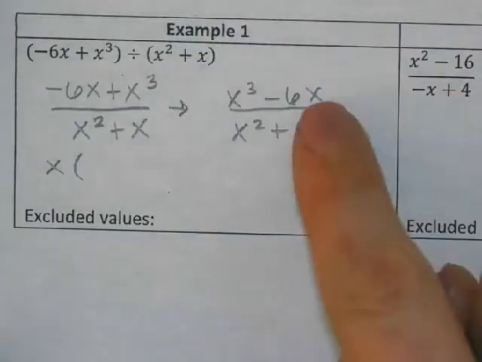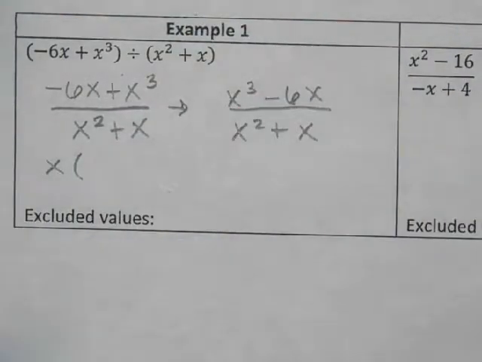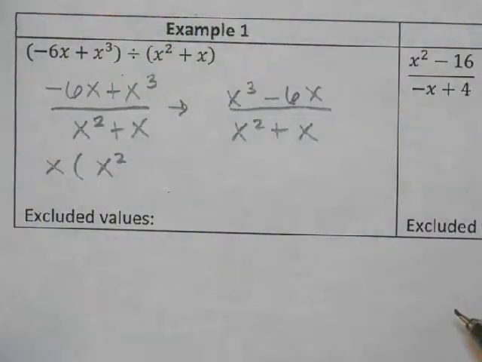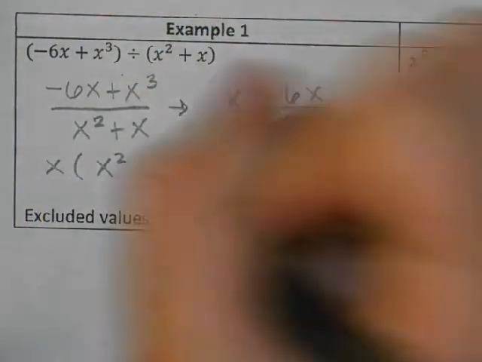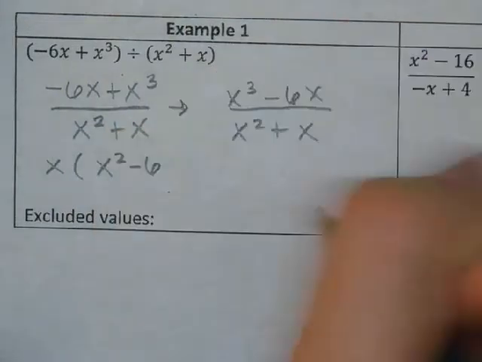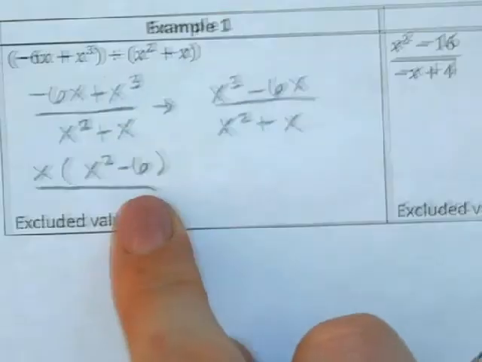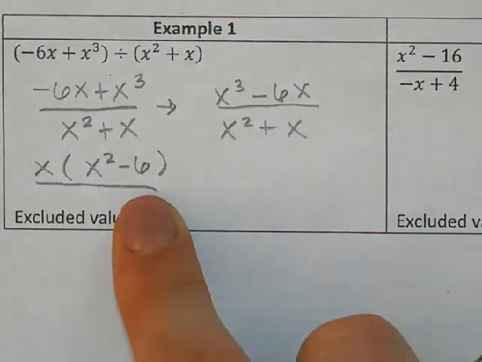And when you take out an x, what is left over? This is x squared minus 6. Right? And now if you look at the top, it almost looks like that is difference of squares. Is it difference of squares? No. Why not? Because it's a 6. 6 is not a perfect square, so we're going to leave it just like that. We're going to call it good.